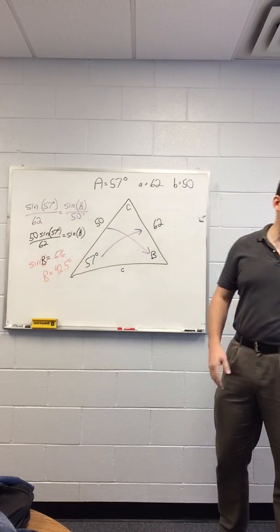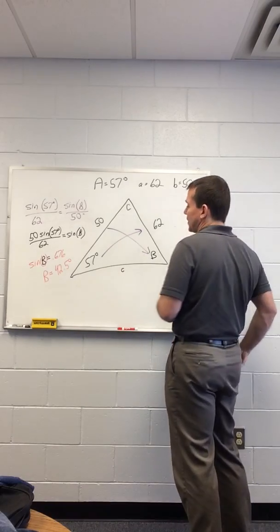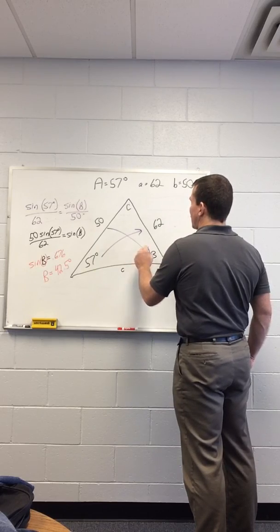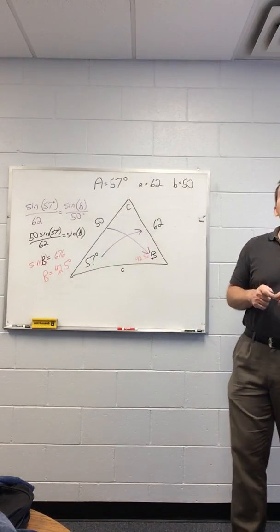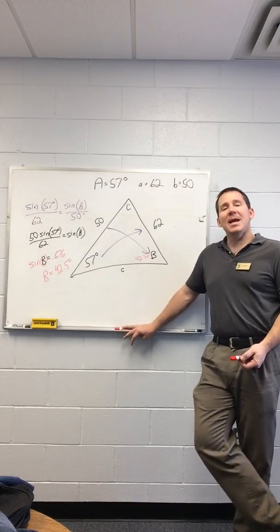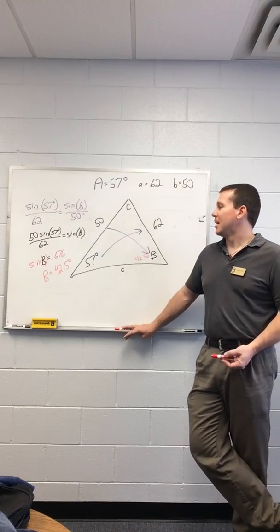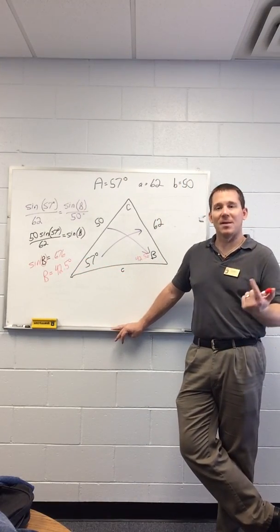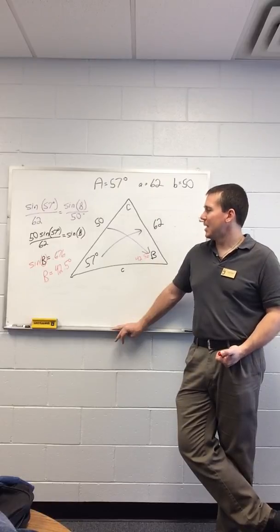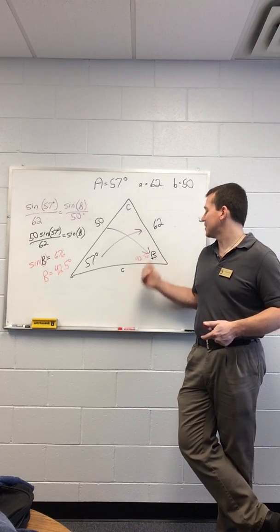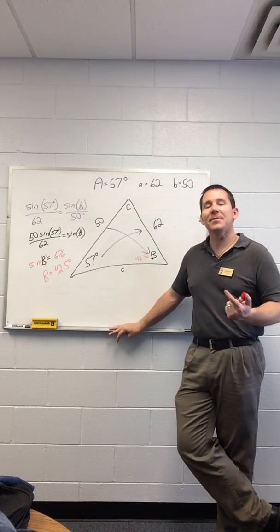There is one possible problem that can arise. Right now, we're going to say that B equals 42.5 degrees. But if you think about the unit circle, how many angles will have a sine of 0.676? There's actually two of them. One in the first quadrant, one in the second quadrant, which means there are two potential angles that B could be. So you have to check it.